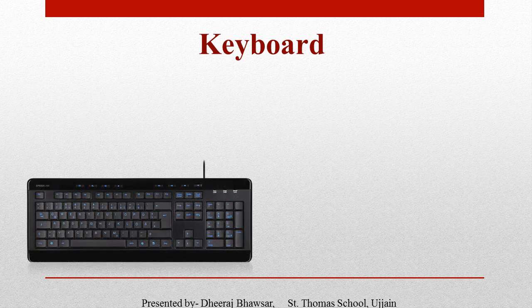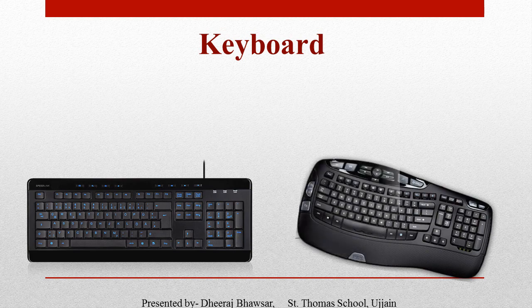A computer keyboard is one of the primary input devices used with a computer, and it is similar to an electronic typewriter. A keyboard is composed of buttons that create letters, numbers, and symbols as well as perform other functions.